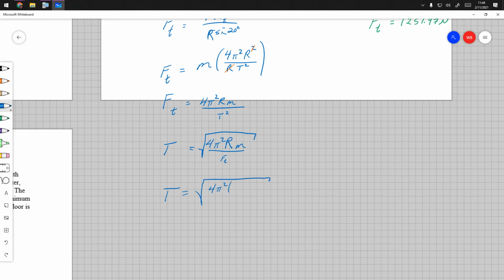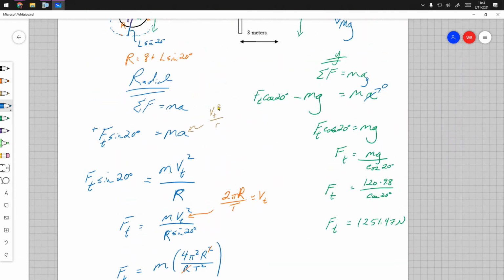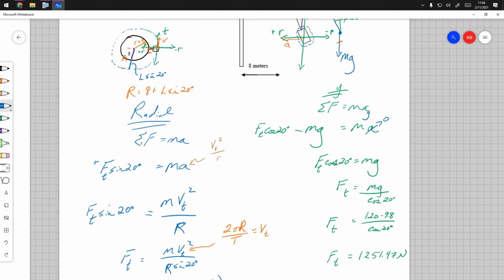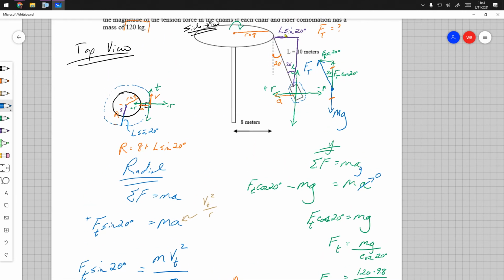4 pi squared, I know what those are. R was my 8 meters, going back up here, right? It was how big the top of the ride is, plus the little length of string that was swung out, L sine 20. Remember that L was 10, right?